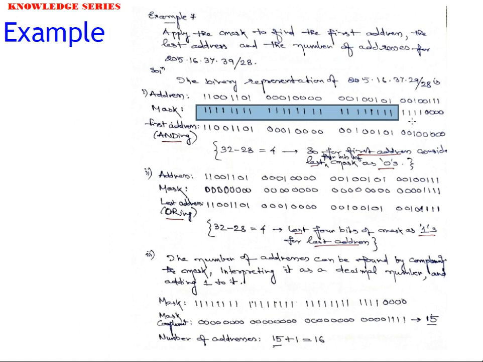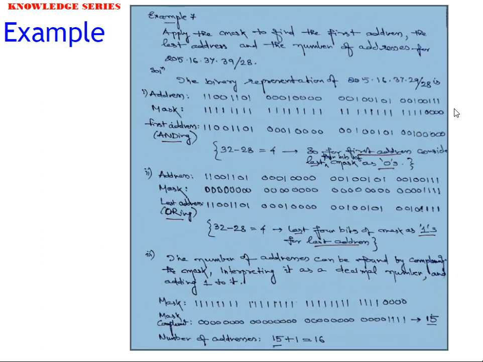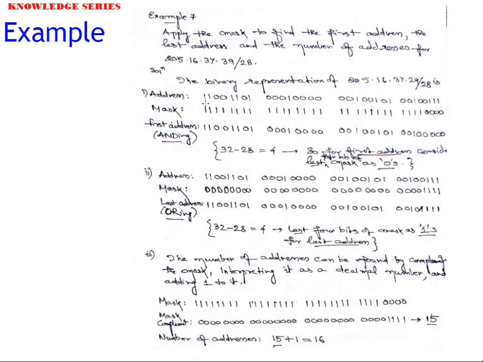Now how will you apply the mask? You have to remember what you did in the previous example: to find the first address you made the last 4 bits zeros and the remaining bits ones.